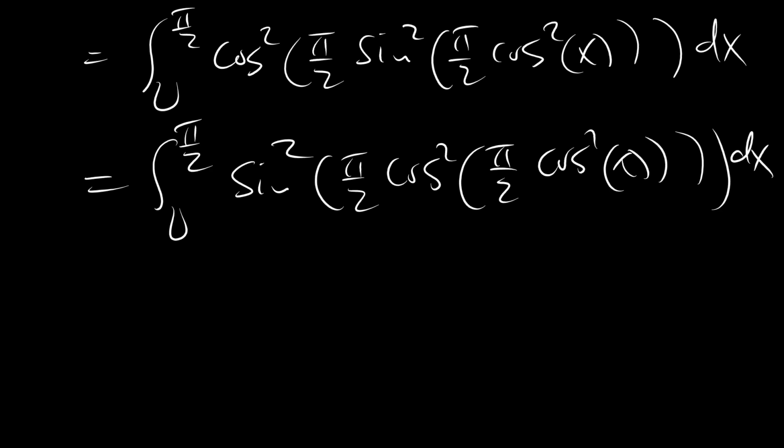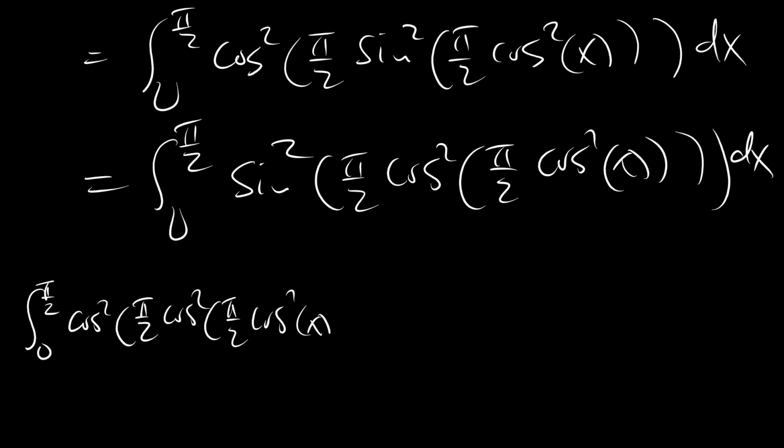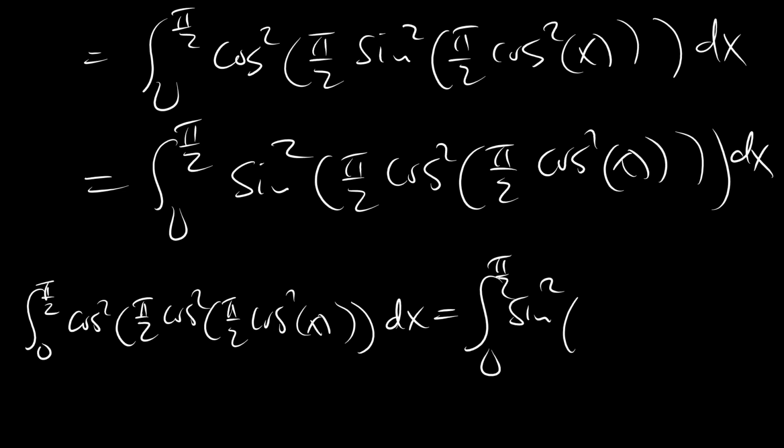And so, in other words, our initial integral from 0 to pi over 2 of cosine squared pi over 2 cosine squared pi over 2 cosine squared of x is equal to sine squared pi over 2 cosine squared pi over 2 cosine squared of x.